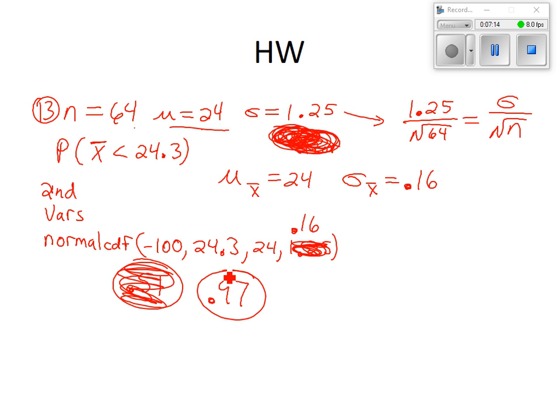So if we picked the sample and came up with a mean of 26, that would be considered unusual, because 97% of the time we expect it to be lower than 24.3.